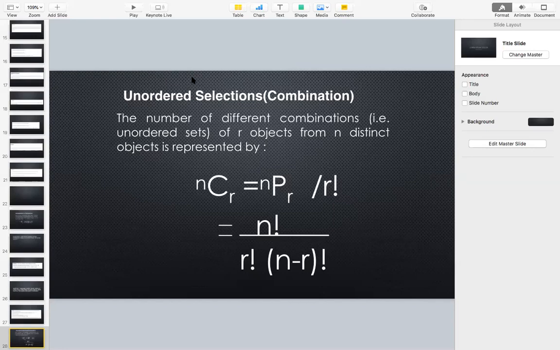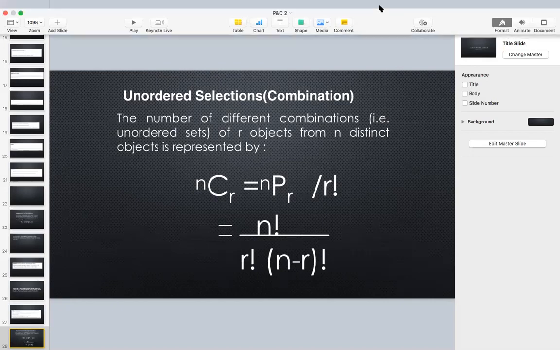15C11. And what is the value of NCR? The value of NCR is n factorial divided by r factorial times n minus r factorial. So this is how you will calculate the value of NCR. Is it clear, guys? What is the difference between NPR and NCR?